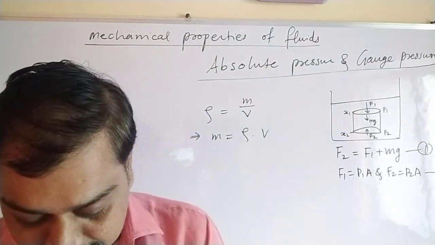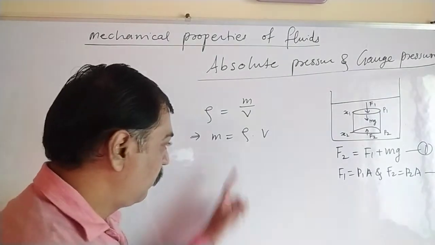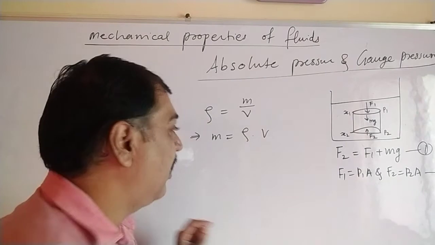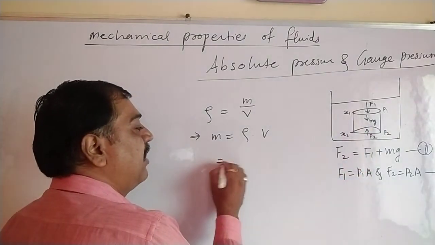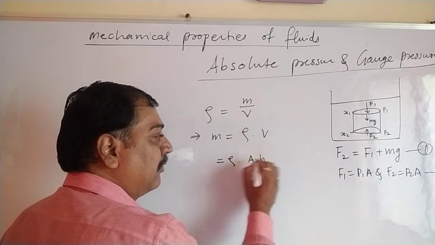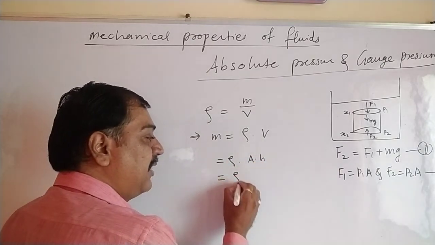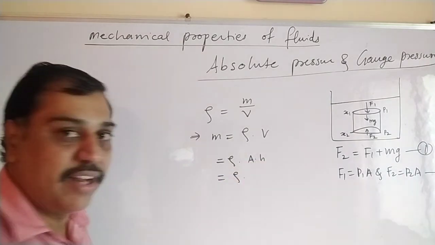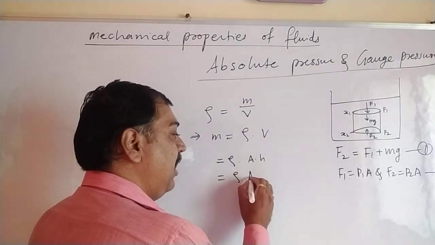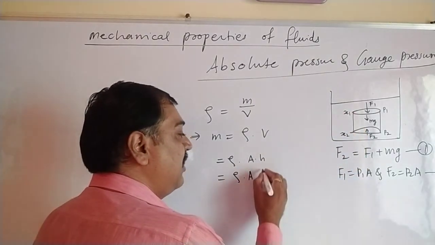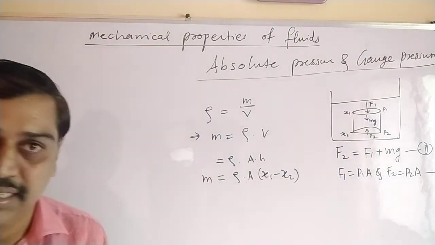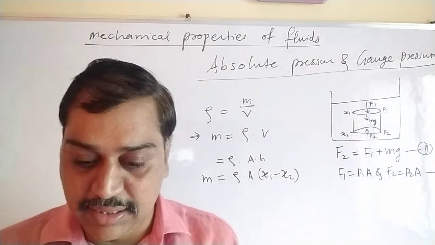So what is the density? It is rho. We put the volume of the solid cylinder, or hollow cylinder, as area into height. The area of the cylinder, suppose, is A, and the height we can find out as X1 minus X2. So we can write rho into A into X1 minus X2, and that is nothing but the mass of the fluid in the cylinder.